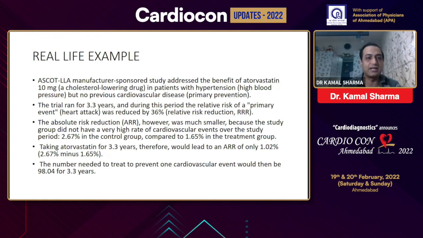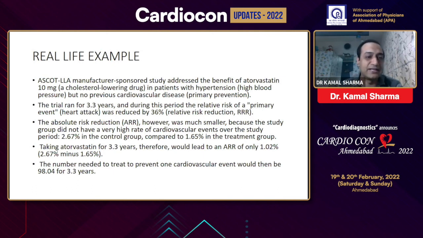So the MI rate between the two groups over 3.3 years differed by only 1.02%, which is nothing but the difference in absolute risk between the two groups, that is 2.67 minus 1.65. So the absolute risk reduction is 1.02% over 3.3 years to prevent one myocardial infarction, one heart attack.